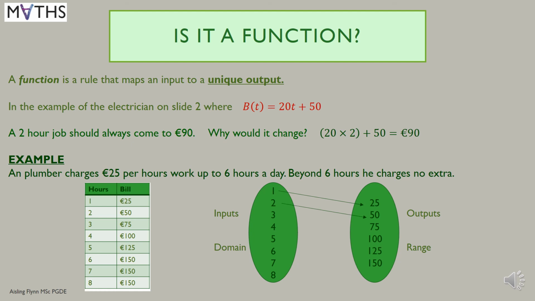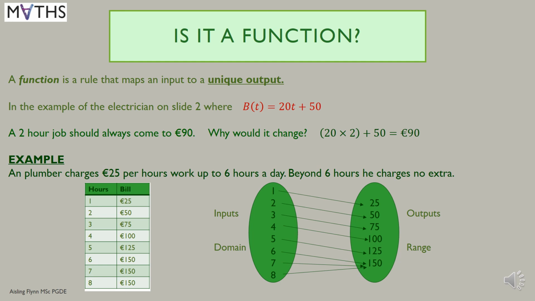And the question being really, is it still a function? So when you put in 1 hour into his billing system, do you always get 25? Yes. 2, you always get 50, 3, 75, 4, 100, 5, 125, and 6, 150. You always get 150. Now if he does 7 hours today, the bill will be 150.